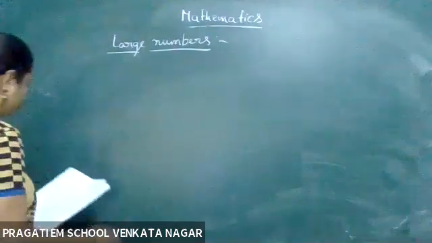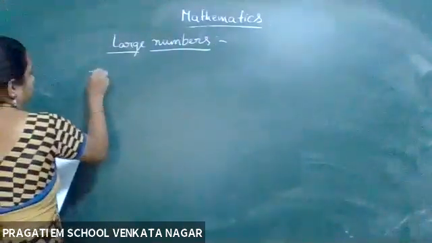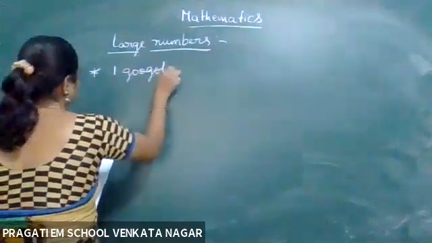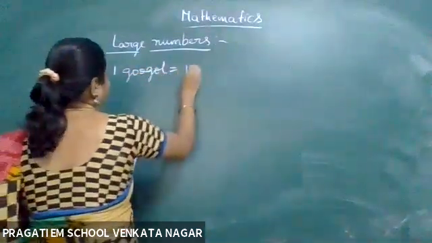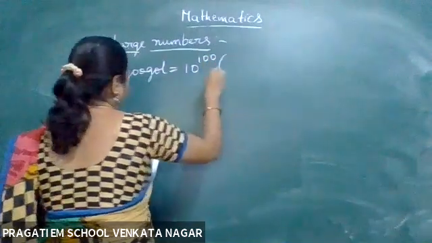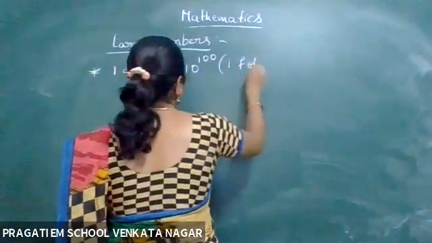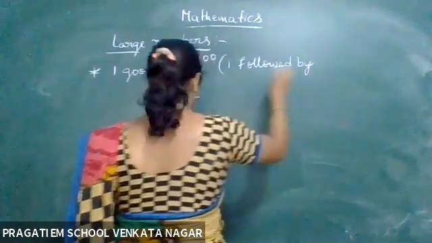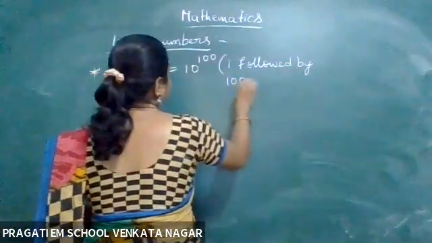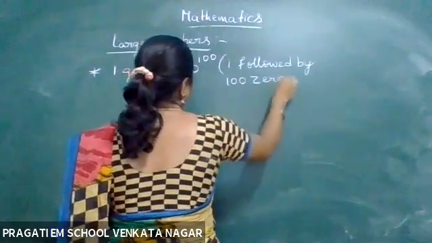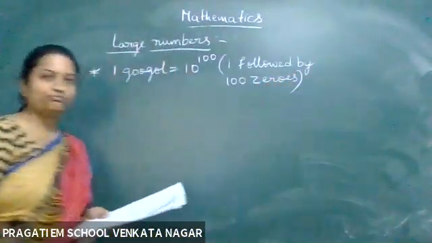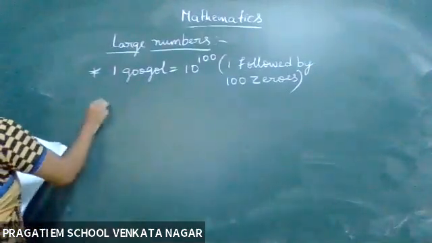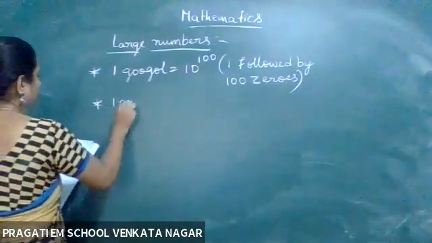One googol equals 10 power 100. 10 power 100 is nothing but 1 followed by 100 zeros.